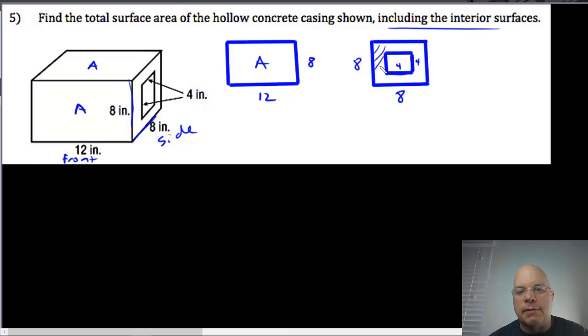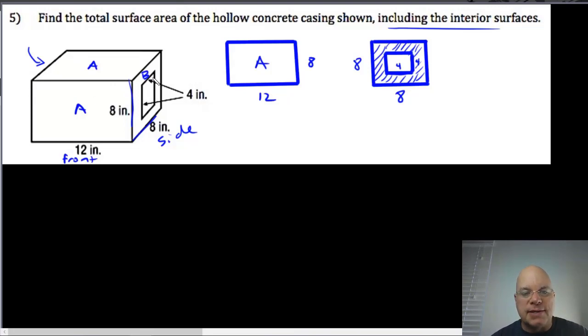So for the surface area of that face, you're trying to find this area. And we've done problems like that before, so you'll remember what to do there. Then let's just call that face B. Just recognize that there's another congruent face just like that on the other side.